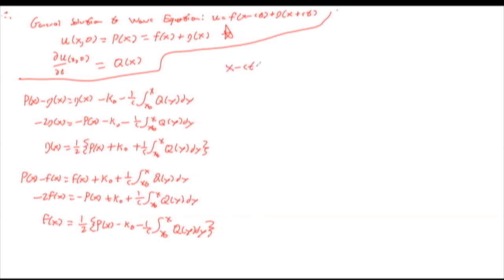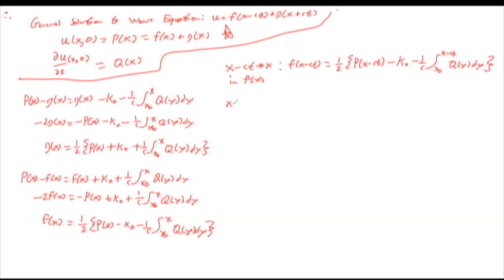X minus ct into x in f of x gives us f of x minus ct is equal to 1/2 times p of x minus ct minus k naught minus 1 over c times the integral from x naught to x minus ct of q of y dy.